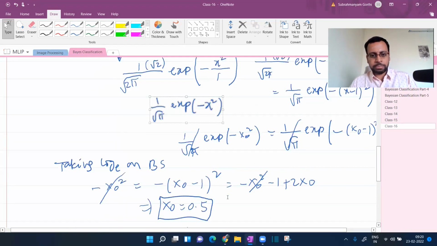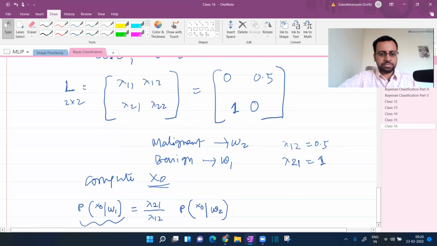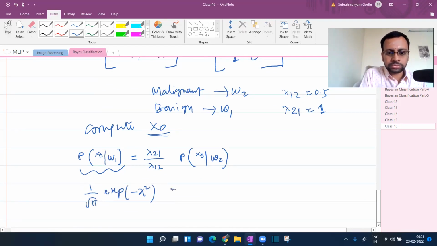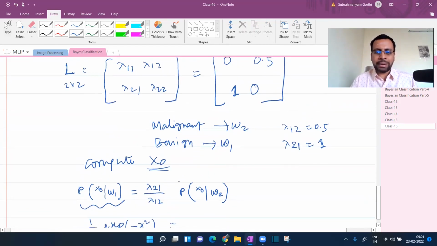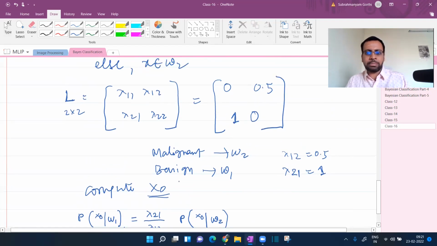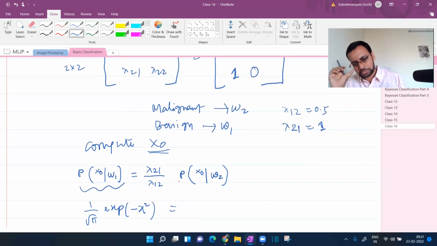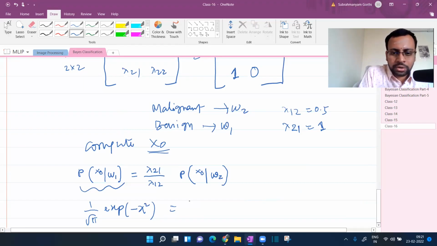Again, I'll copy paste that here just to save some time. That's equivalent to lambda 2,1 by lambda 1,2. What is that value now? Lambda 2,1 by lambda 1,2, how much is that? 2, correct.